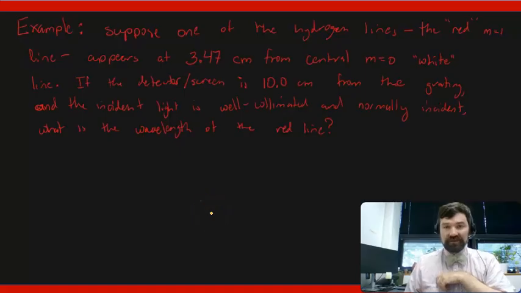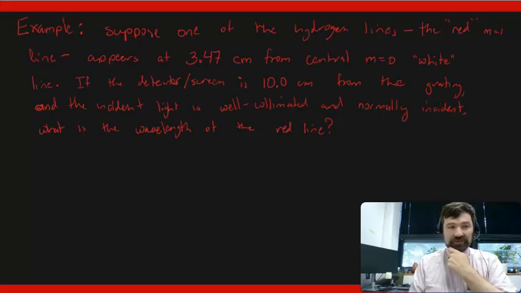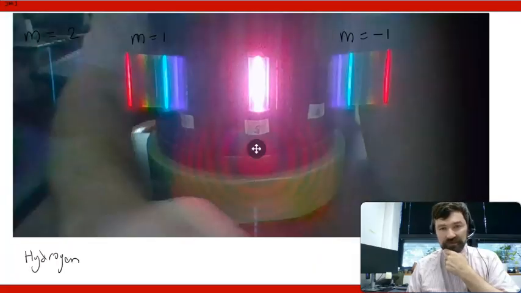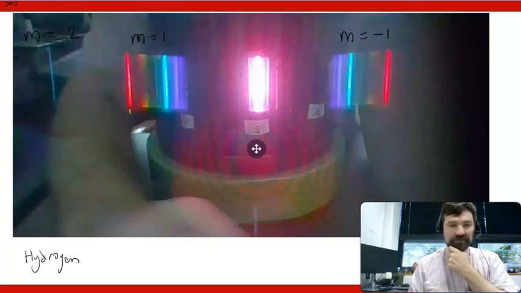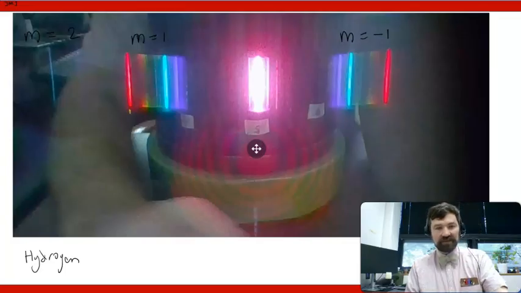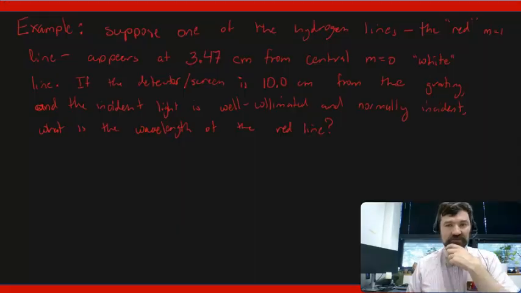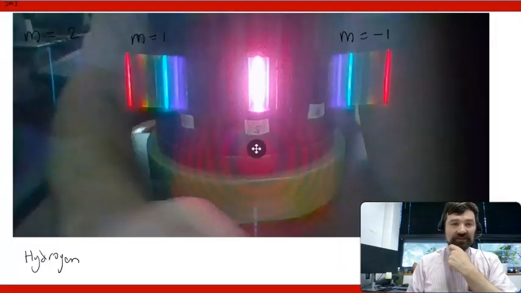All right, suppose we have a hydrogen line, maybe the m equals 1 red line. We're looking at maybe this line right here, for example. Suppose that is located 3.47 centimeters from the central m equals 0 white line.